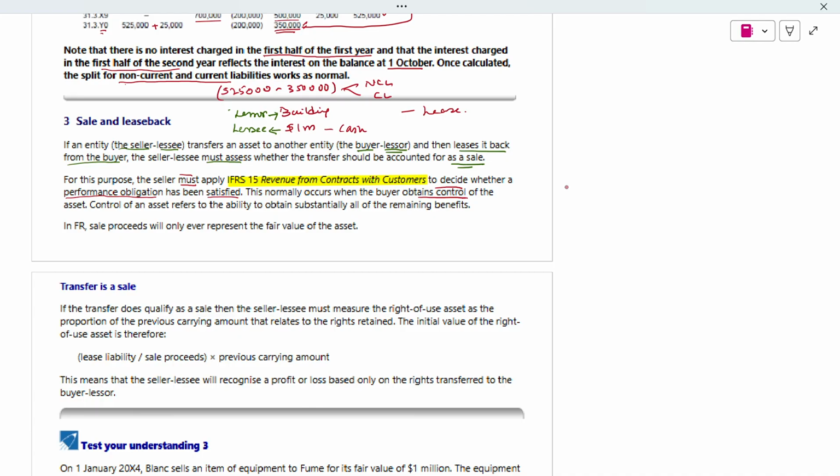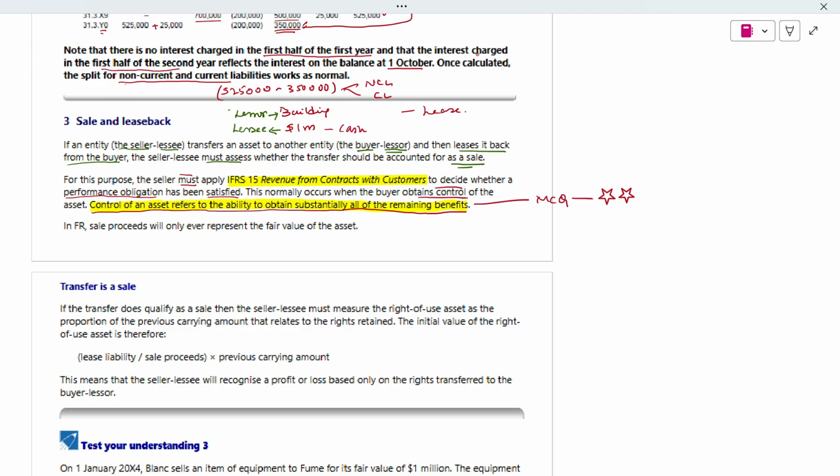Very important. Revise this point. Control of the asset refers to the ability to obtain substantially all the remaining benefits. This will be tested in MCQ. This is the normal standard definition of control.